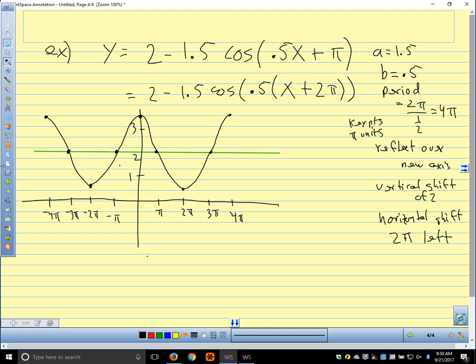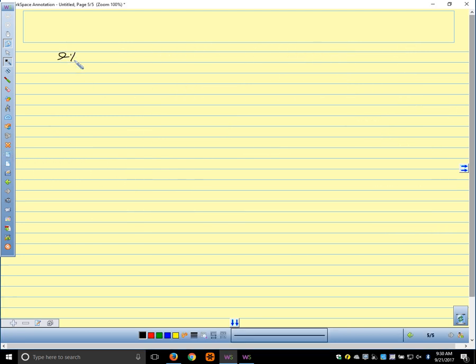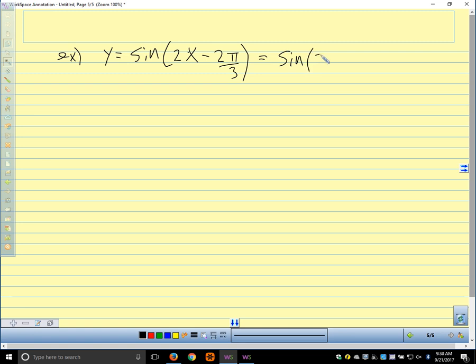So this one we want to sketch a graph of y equals sine 2x minus 2 pi over 3. And immediately I'm going to rewrite that as sine of 2 times x minus, when I divide by 2, I get 2 pi over 6, which is pi over 3.